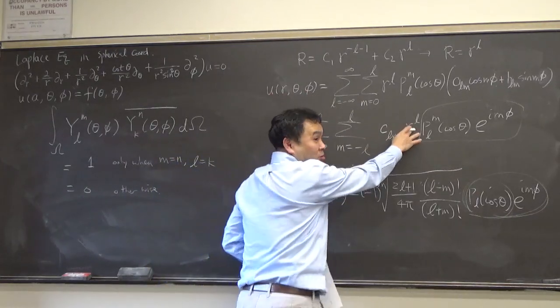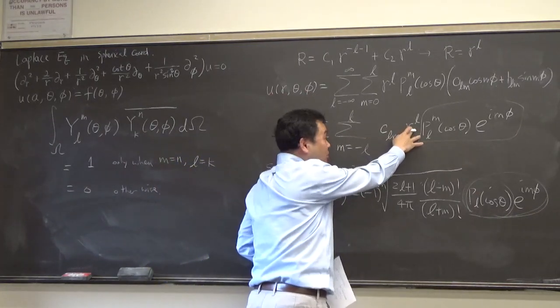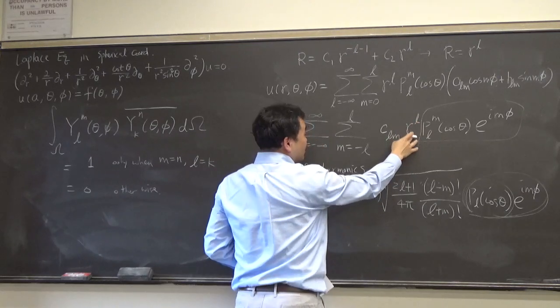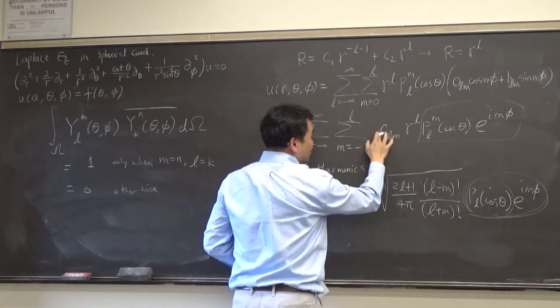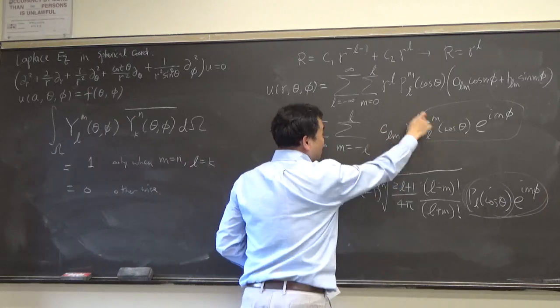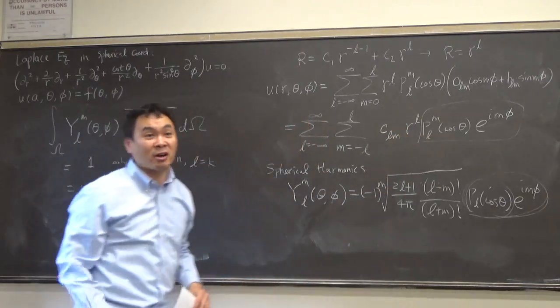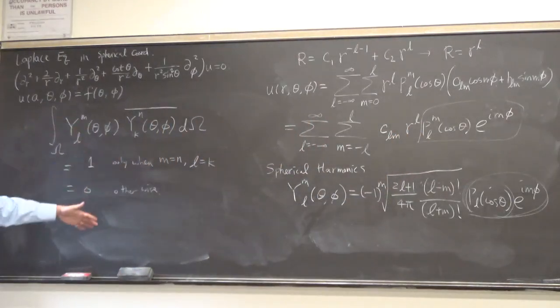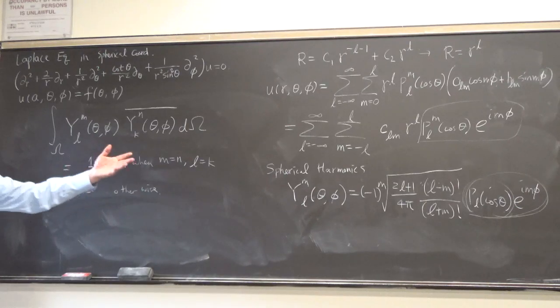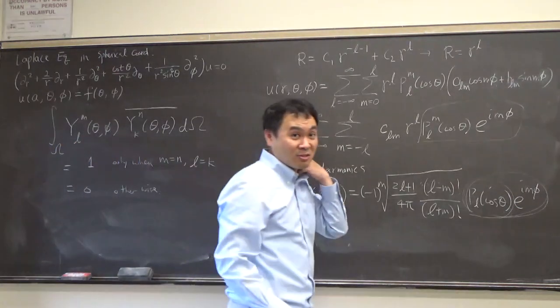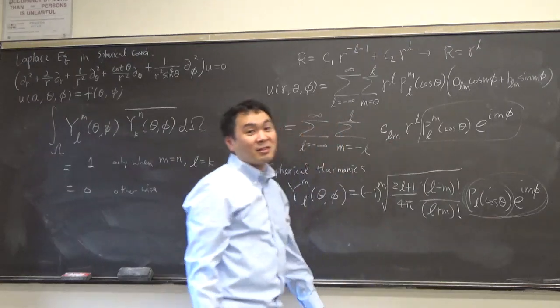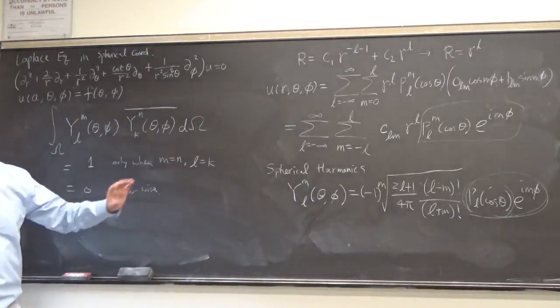That plugs in a into r, right? So you end up with an equation here, C_LM times a to the L is the unknown constant that you have to figure out. And this orthogonality relation can allow you to figure out exactly what that coefficient is. Right? So that means we solved it.